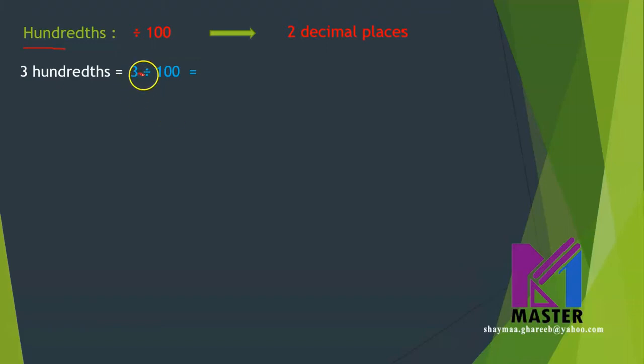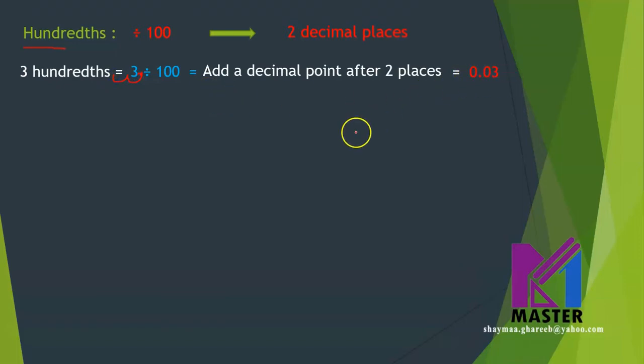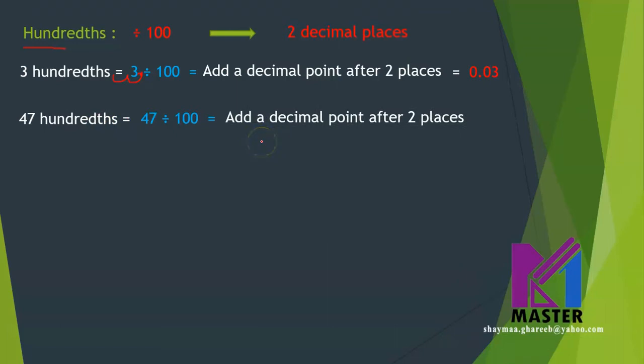So when you move it 2 places to the left, you will get 0.03. If I have 47 hundredths, this means 47 divided by 100, we are going to add the decimal point after 2 places, so it will be 0.47.